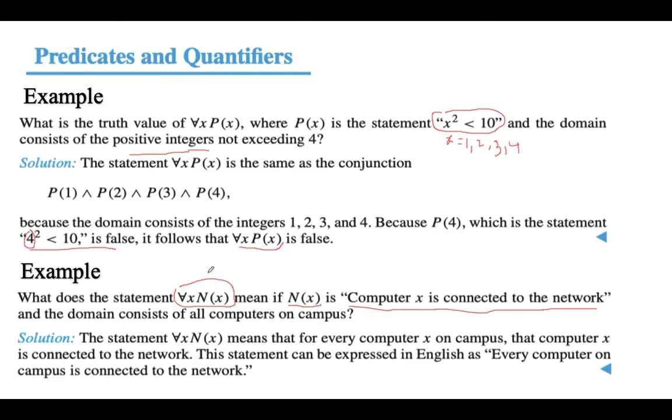All right. So for all x, because x belongs to the domain consisting of all computers on campus, the statement finally will be in English: every computer on the campus is connected to the network. All right.